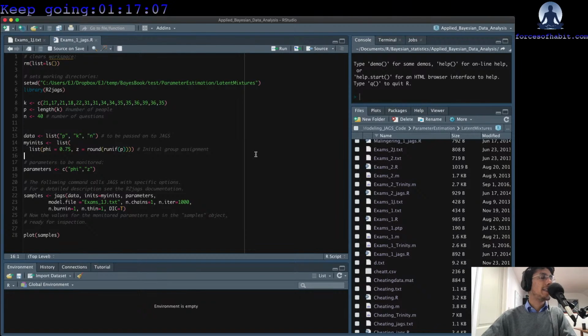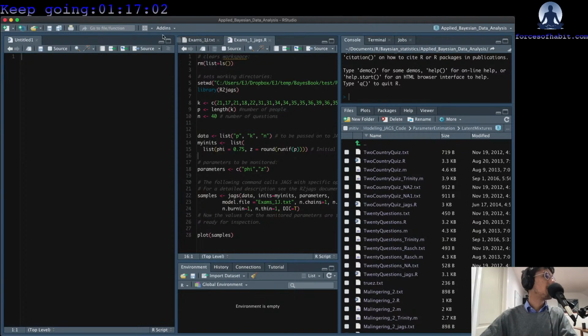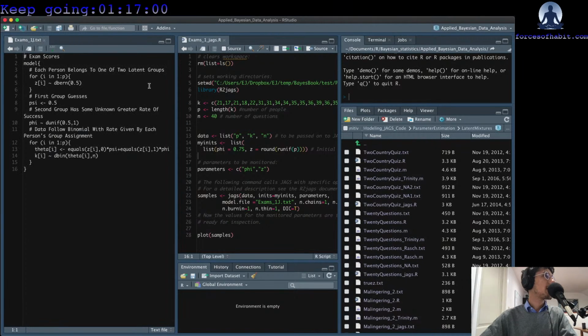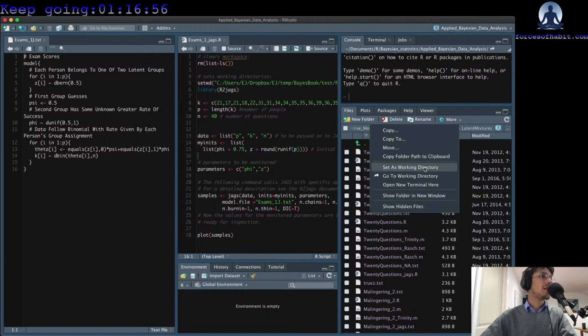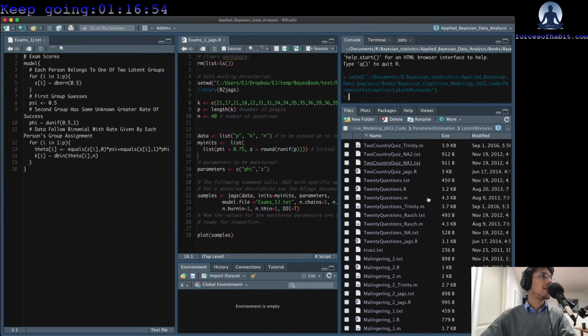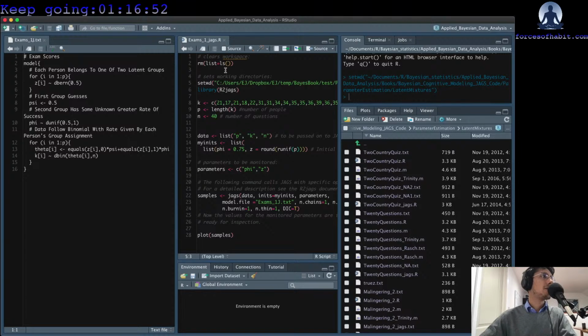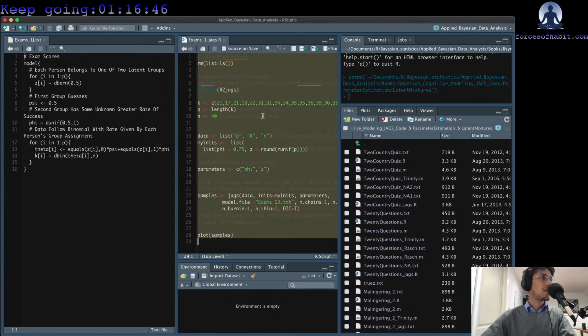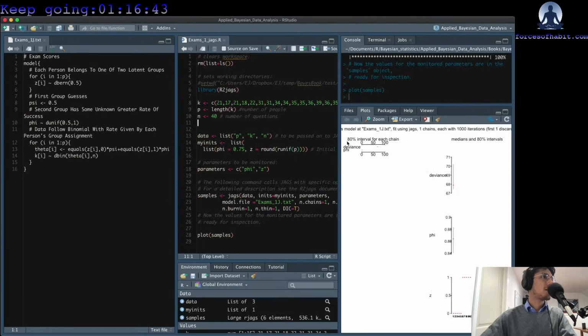Use my handy dandy new shortcut, Command F7, so I can put my JAGS text over here. And lastly, we're just going to set the working directory here. So now we don't have to worry about that. And we'll bring that in. Good. And then we'll check to see if this code works. And the code works. And it gives us those ugly plots once again.